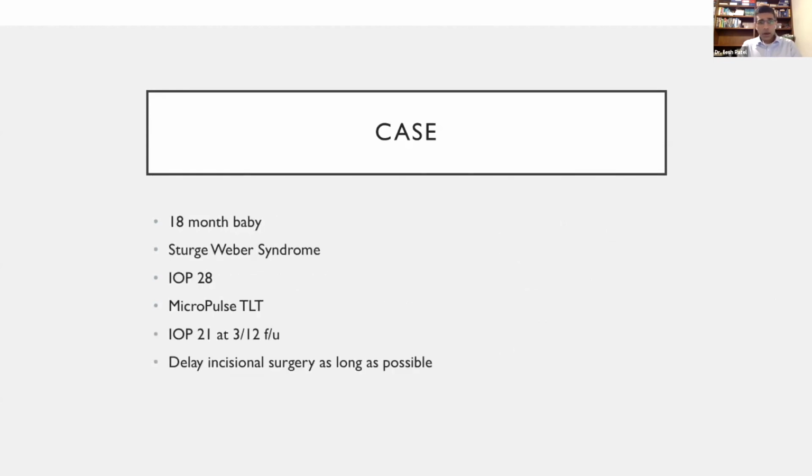I've had a colleague recently who's done an 18-month-old baby with Sturge-Weber, had a pressure of 28 and has had MicroPulse TLT. Pressure at 3 months is 21. And this is not a bad outcome because it does delay incisional surgery as long as possible.